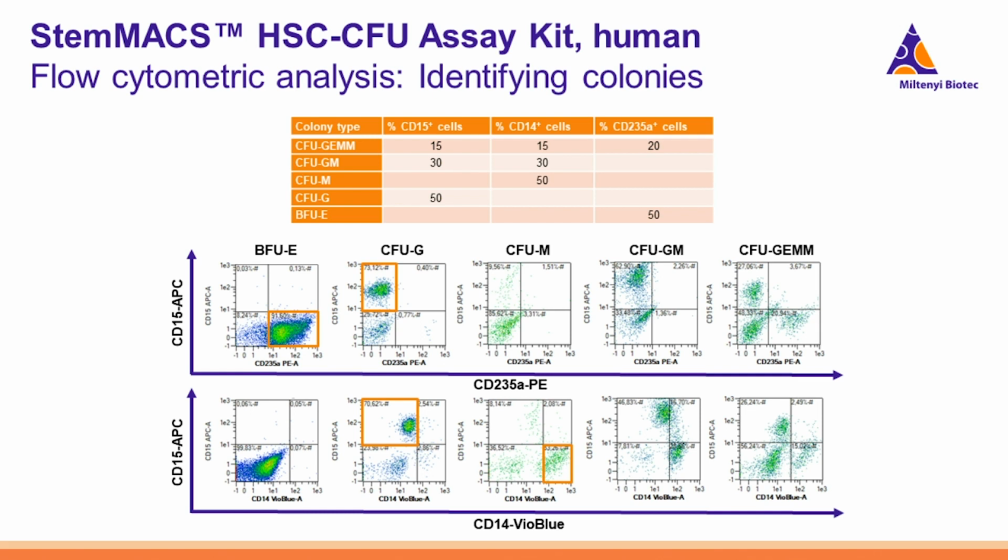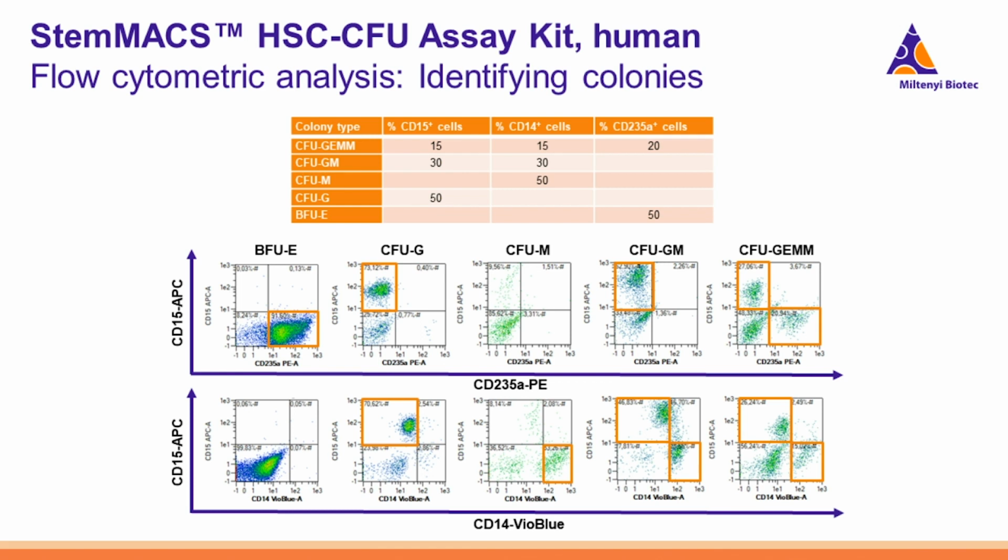The CFUM shows CD14 positive events, also at least 50%. The CFUGM exhibits at least 30% positive events for CD15 and 30% for CD14. Finally, the CFUGEM has at least 15% positive events for CD15, 15% for CD14, and 20% for CD235A.